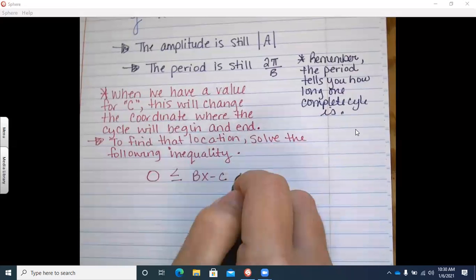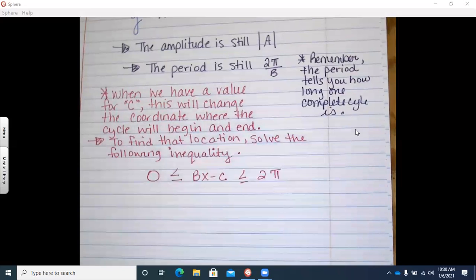As we know in a parent function, our period is 2 pi long, right? It starts at 0, it ends at 2 pi. That's just for a regular sine function where b is 1. So if we have bx minus c instead of just the normal 1x, it's going to start and end at a different place. So what I'm going to do is get x by itself.